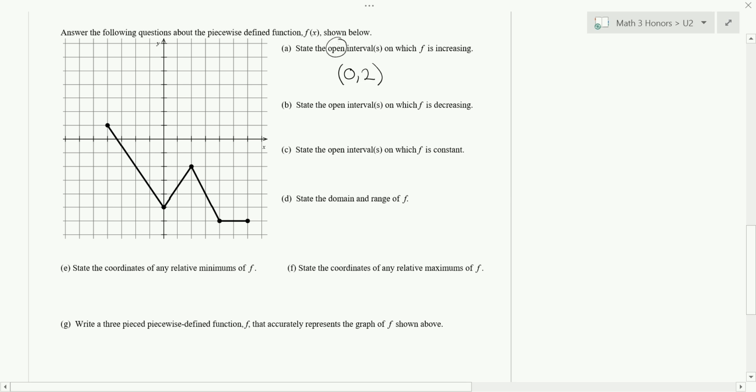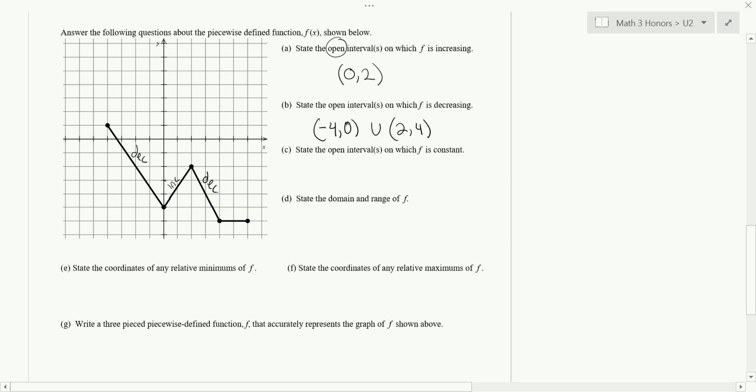Okay, so 0 to 2, we do see it's increasing right there. Okay, good. B, Megan, what'd you get? Okay, so -4 to 0, these are x values only, and we're talking decreasing right here and right here.